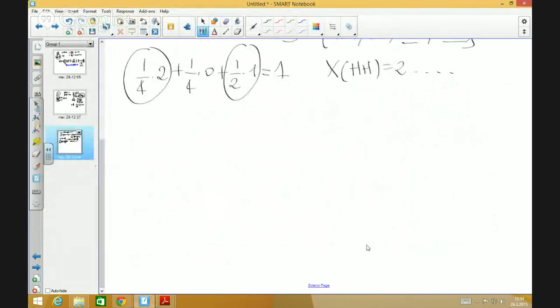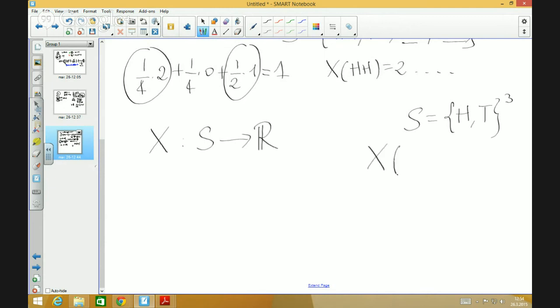Okay, now my random variable, x, has a sample space which corresponds to strings of length 3 over the alphabet head-tail. And what does this return?